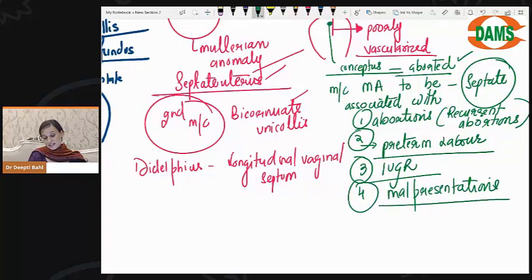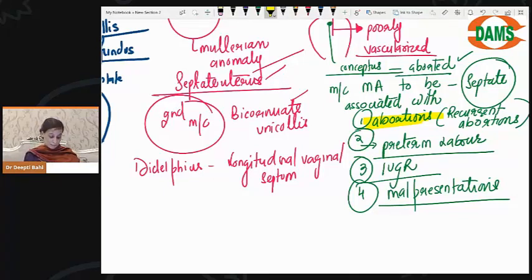If you realize, all the problems occurring in Mullerian anomalies are because of less space. All Mullerian anomalies can cause all of these, but the one most commonly associated with abortions is going to be septate uterus.